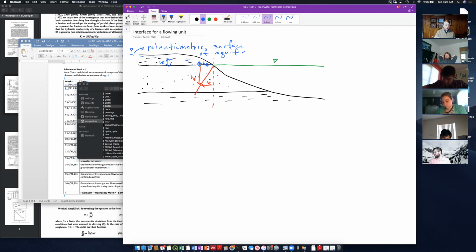Okay, so a few other things that we're going to want to define. So our aquifer thickness is B.